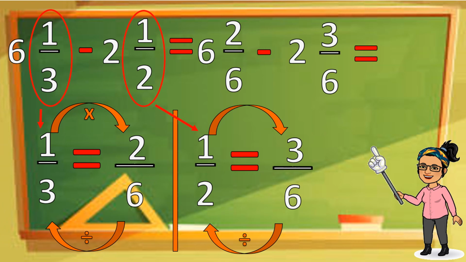Questions? Now look at the numerators. We cannot subtract 3 from 2, right? So we have to do regrouping. And how do we do that?